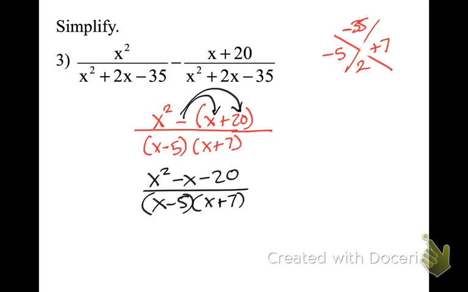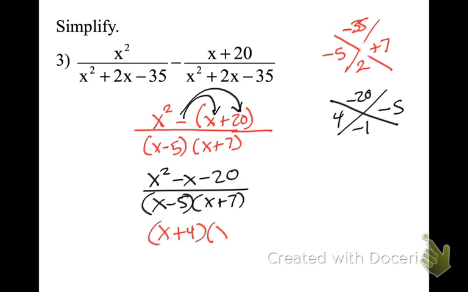Now what can I do with that numerator? Imani? What multiplies to negative 20 and adds to negative 1? Good. So it ends up being x plus 4 times x minus 5 all over x minus 5 times x plus 7.